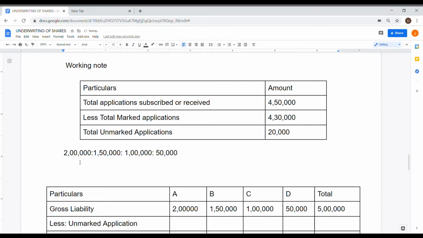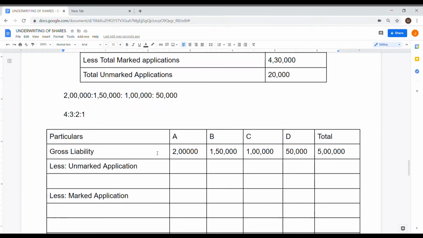What will be our ratio? We'll end up with the ratio of 4 is to 3 is to 2 is to 1. We'll just divide by 5, as it is divisible, or by any number which is divisible, and you'll end up with the ratio of 4 is to 3 is to 2 is to 1.